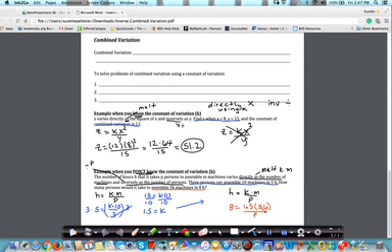This is 54, so I get 8 equals 54 over P. Multiply both sides by P to get rid of it in the denominator. 8P equals 54, and then divide by 8. So 54 divided by 8 is 6.75. So 6 people, probably 7 people, right? Because we need to make up for that extra. So we definitely need 7 people.